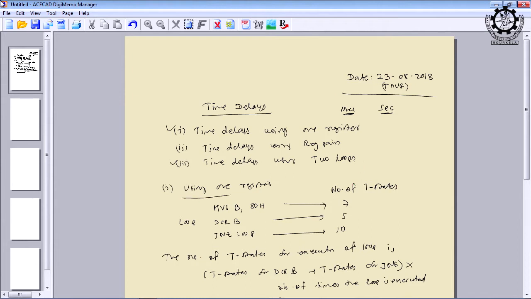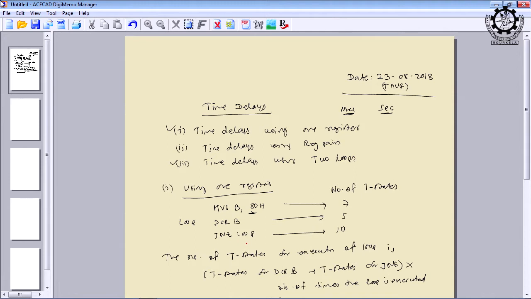For example, we will go for one register, that is register B. So, initially we will load register B with 8-bit data. Here in this case we have taken 80H, and then decrement B. Once this instruction is executed, B will be decremented by 1, and then jump not 0.